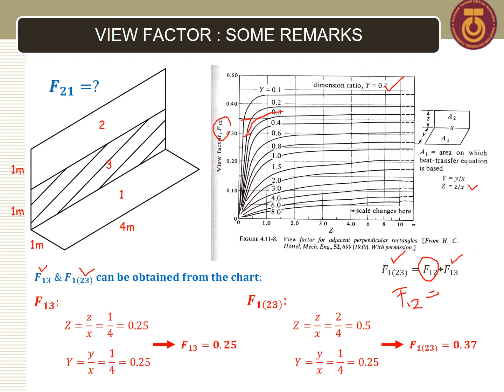F12 equals F123 minus F13, which equals 0.12. So that is how we can get F12, although it cannot be determined directly from this chart.